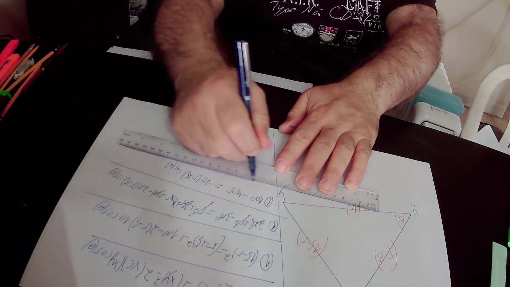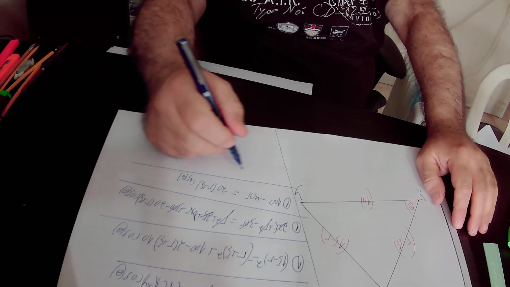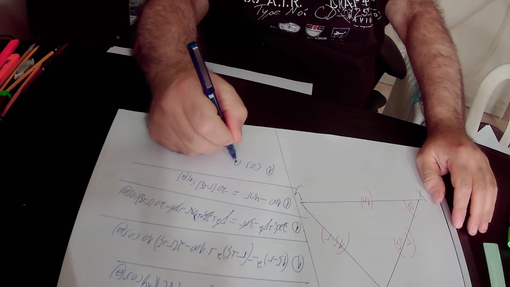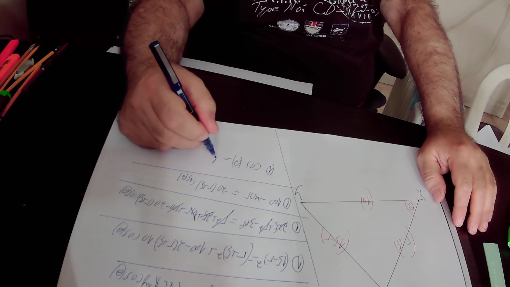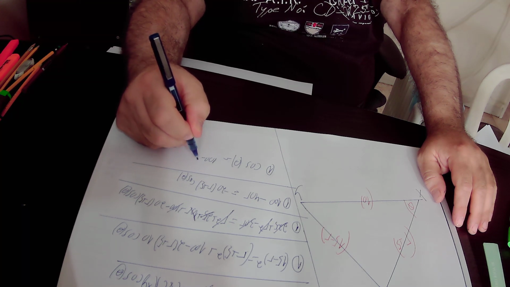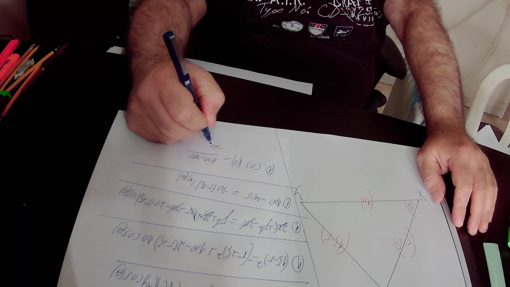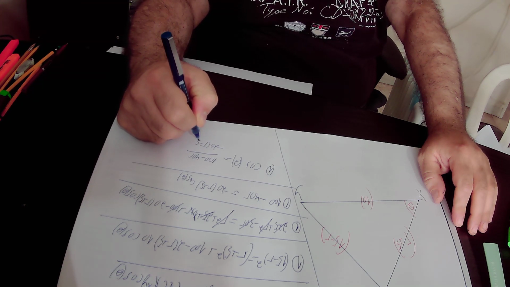Here we will divide equation number 1 by minus 20 times r plus 5 and we will get that cosine theta is equal to 100 minus 40r over minus 20 times r plus 5.